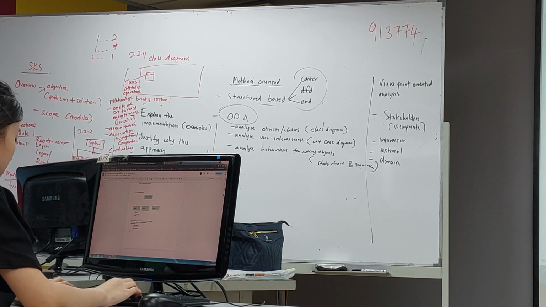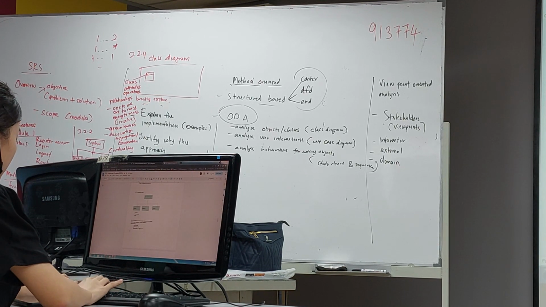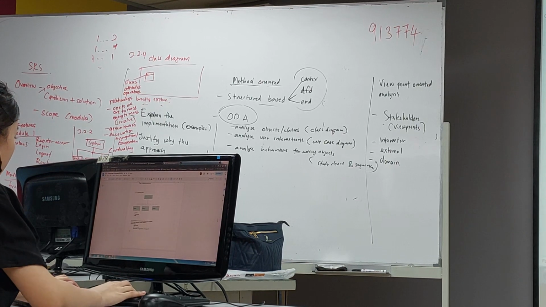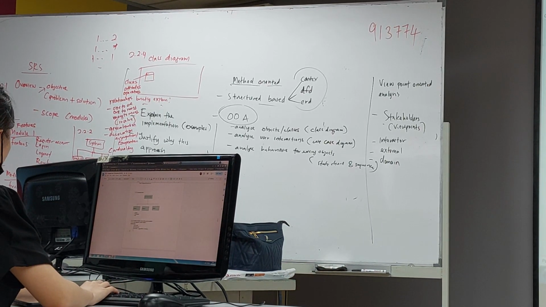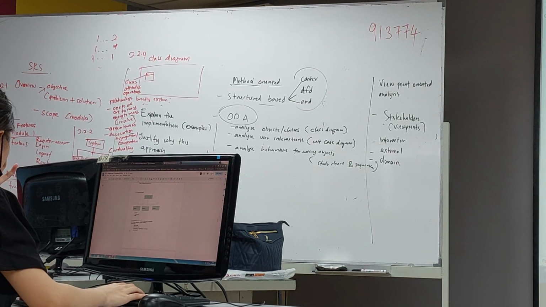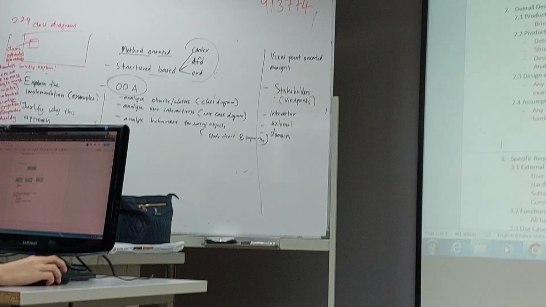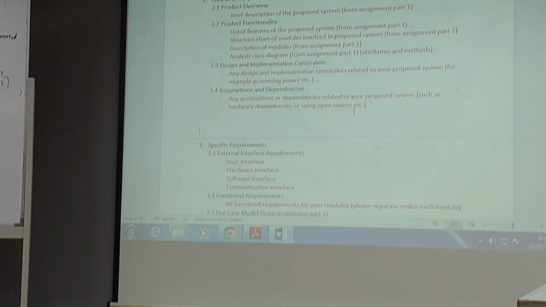Okay, next 2.3. Design and implementation constraint. Who can tell me what is the meaning of constraint? I have given you an example here. For example, related to your proposed system, processing power. Your system can only work when you have a certain level of power.